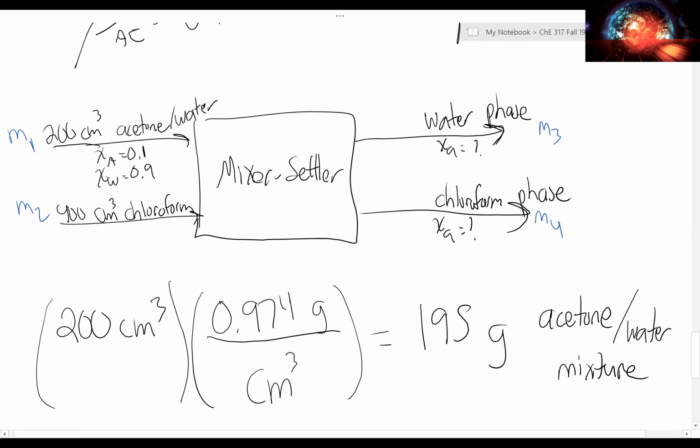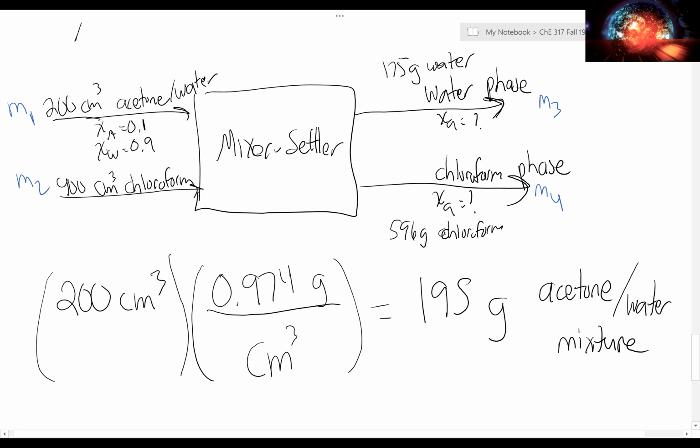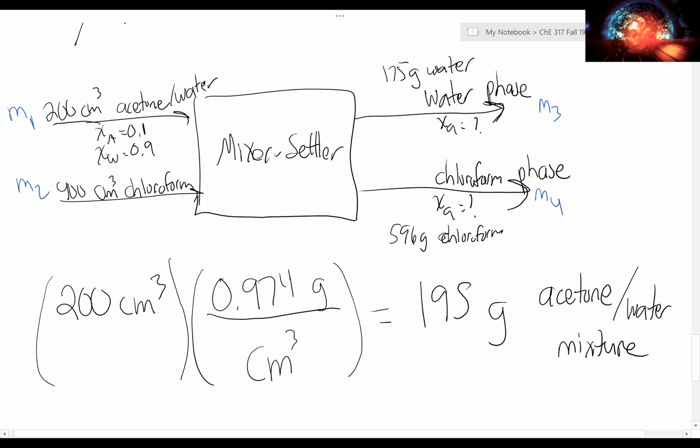So I know that I have 175.5 grams of water coming out here, and the 596 grams of chloroform coming out in those phases, because we said that they were immiscible.